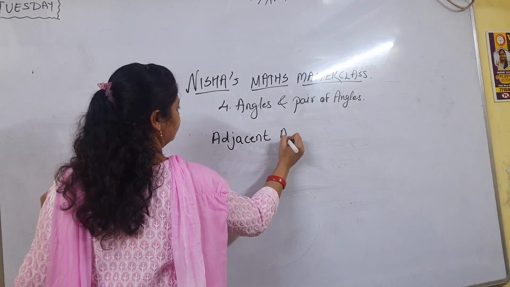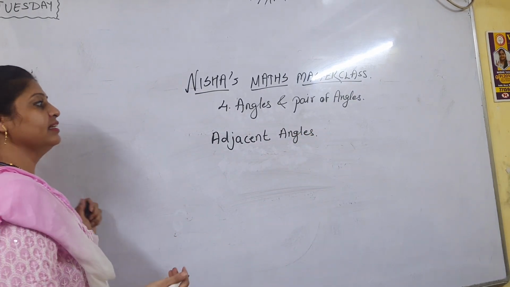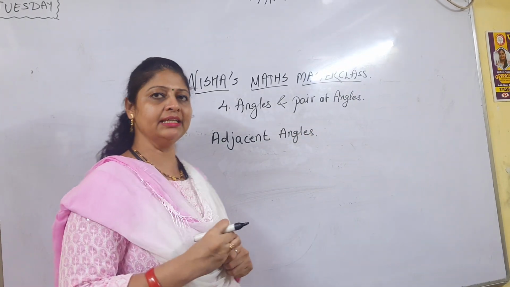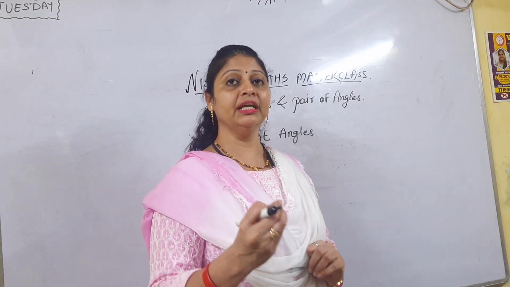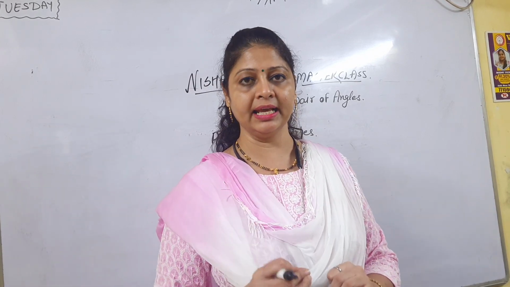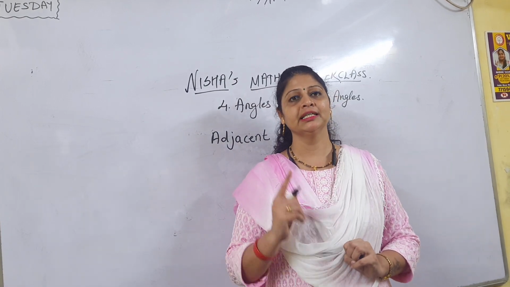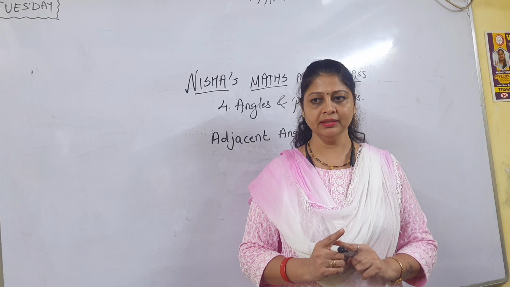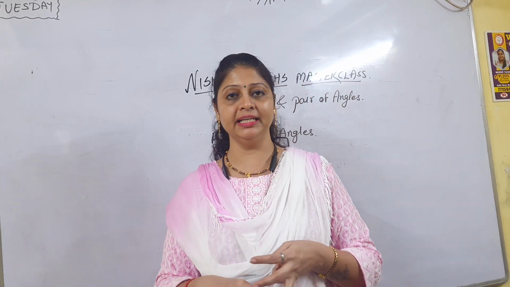Adjacent angles are simple and easy to identify. Three things are most important to recognize adjacent angles: first, a common arm is there; second, a common vertex is there; and third, a different interior part is there.